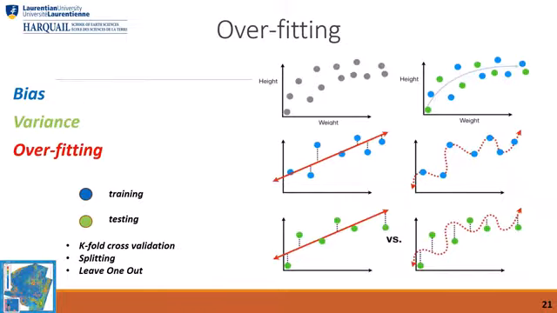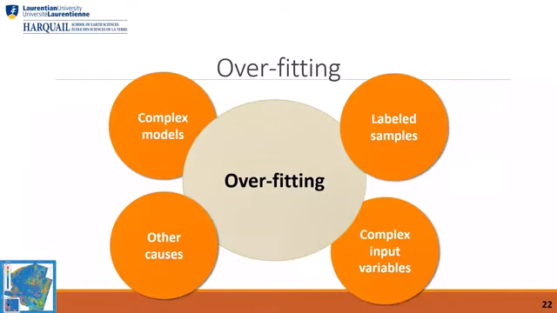In other words, our model is going to be totally useless when it is overfit. Today we talk about why we have overfitting in our models and how we can overcome this common problem. So overfitting comes from a number of problems. The first one is that our models might be too complicated.